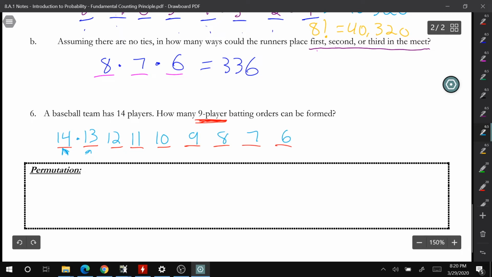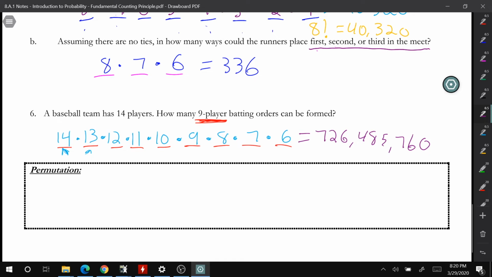So yeah, not everyone is going to get to bat, because once I get down to the 9th person, I still have 6 people who I could pick. So when I type that into the calculator, we get a really honking big number of 726,485,760.